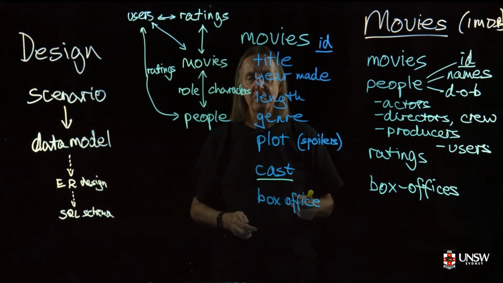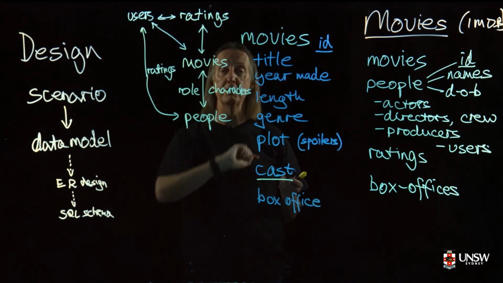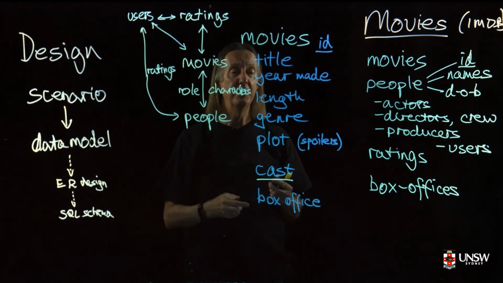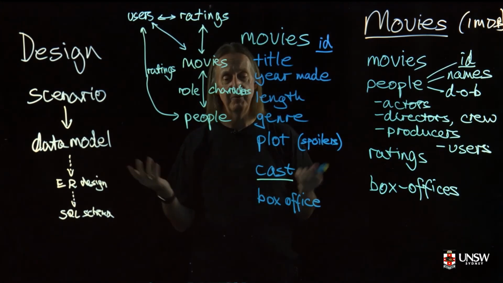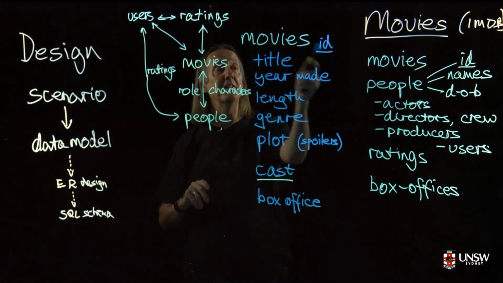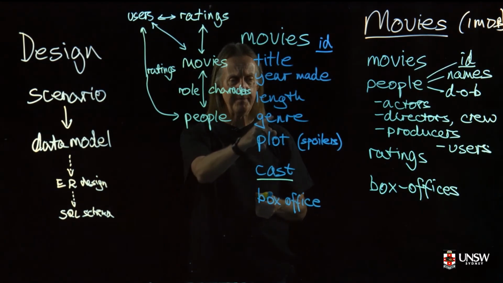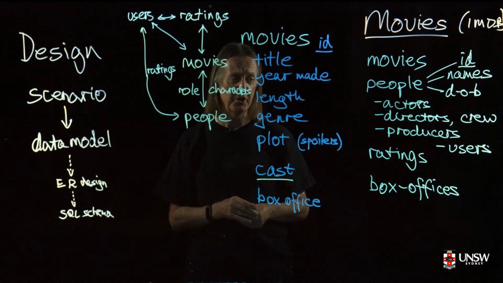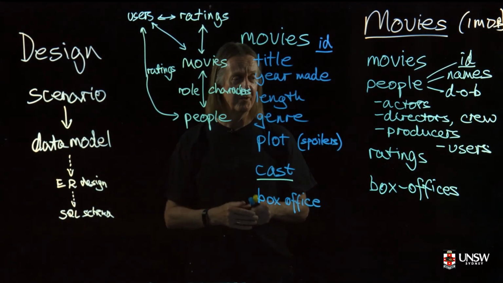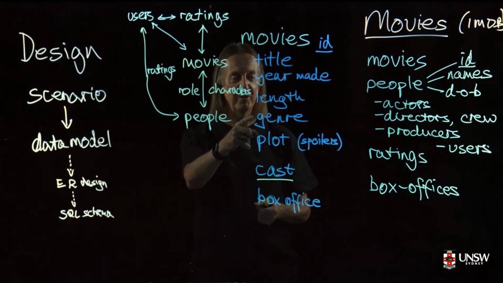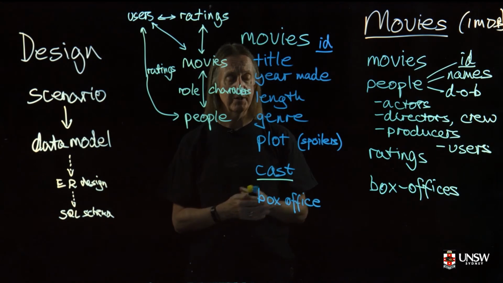The movie's title doesn't change, although I guess occasionally they have changed. The year it was made certainly doesn't change. The length generally doesn't change unless we have a director's cut, which is longer, but then you could argue that's potentially a different movie. The genre doesn't change unless someone decides, no, this isn't really a science fiction movie, it's really a romantic comedy. The plot typically wouldn't change, still got the same movie.